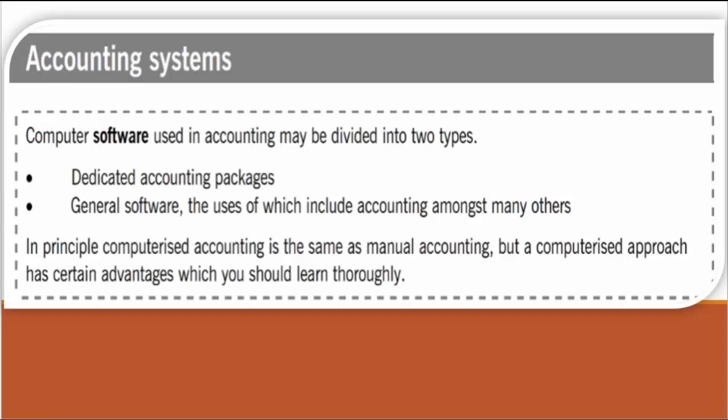Our goal is to understand what accounting systems are, how they work, and why they are so important in the modern business world. So, get ready to learn with real-life examples, clear explanations, and practical knowledge that will help you both in your exams and in your future job.